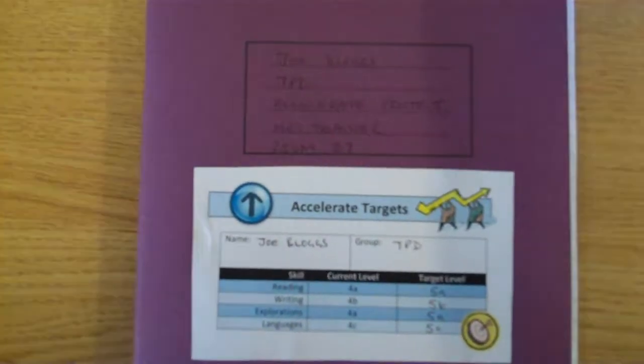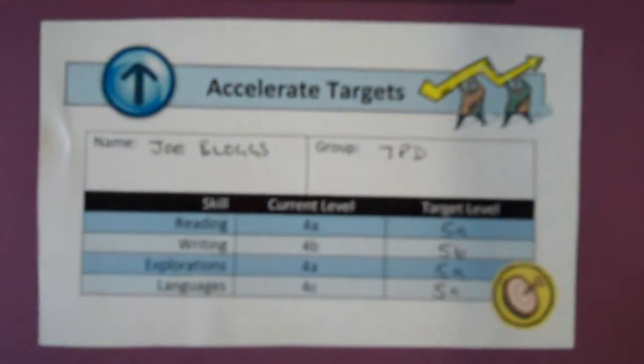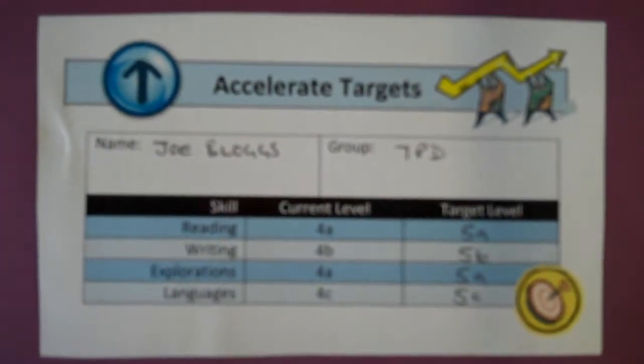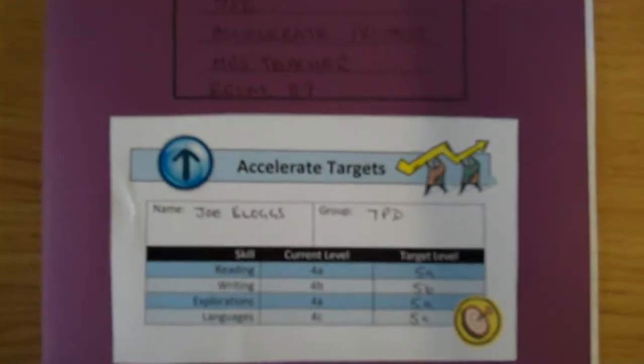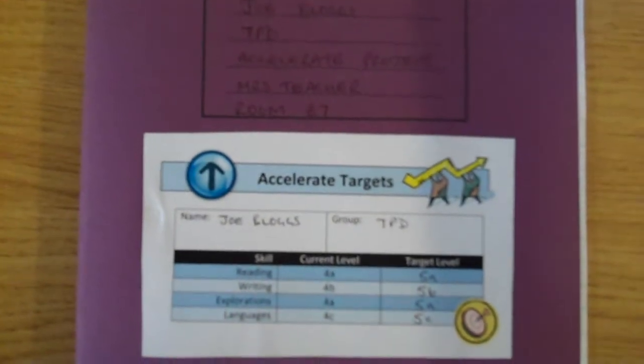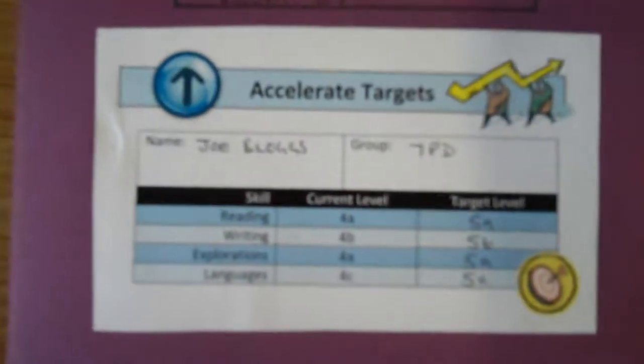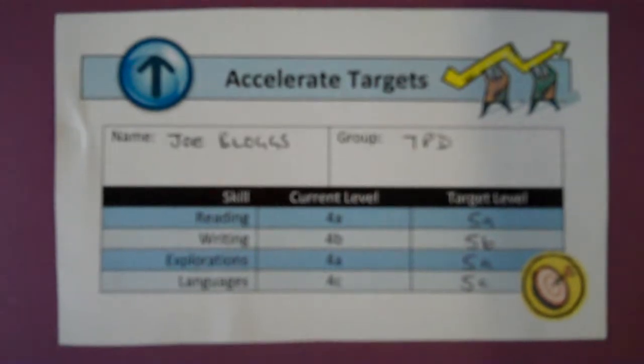So the first thing, and an absolutely crucial component, is that target levels are displayed somewhere of prominence on the exercise book. So for the purposes of this, I've used the Year 7 Accelerate project.